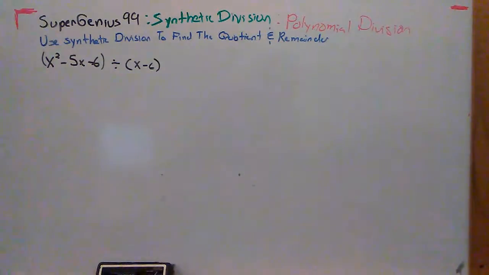Okay, so this is one that you can factor and reduce, so I'll leave it up to the viewers to factor and reduce. But in this video lecture, we'll be doing synthetic division, and so let's go ahead and set it up. So we start off setting up synthetic division with the division bar here.